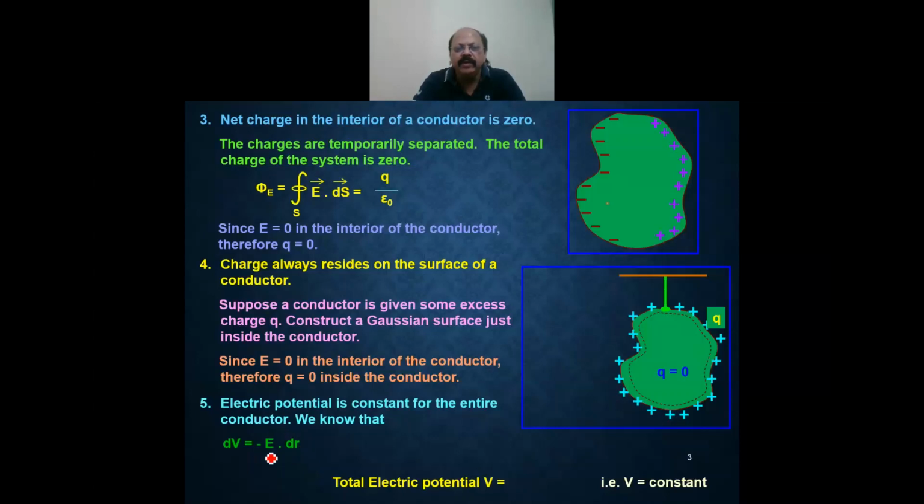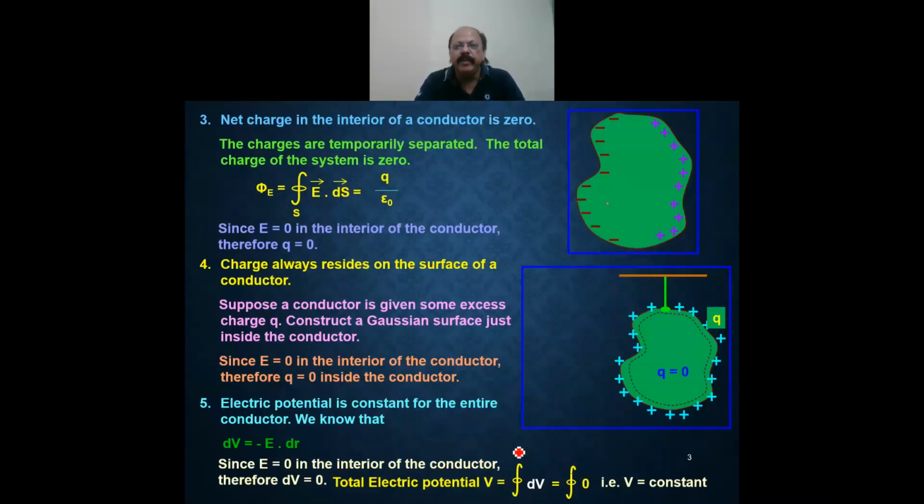So if E equals 0, it means dV equals 0. If we calculate the total electric potential, then we have to integrate it. When you integrate it, integral dV equals integral 0, and integral 0 is constant. So that's why the total electric potential is constant. That's why we say that electric potential is constant throughout the conductor.